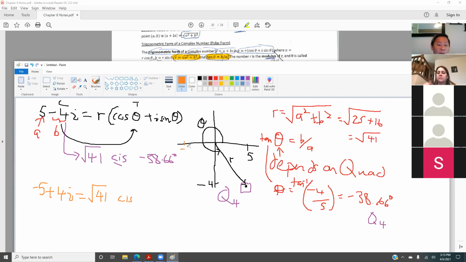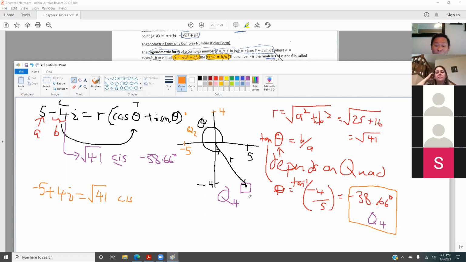This is negative 5, and this is 4i. This is in quadrant 2. But you told me this is in quadrant 4. You will still divide 4 over negative 5, and you still get the same number.